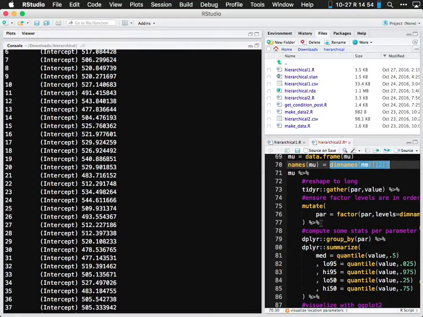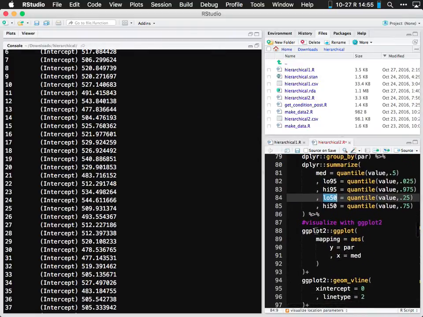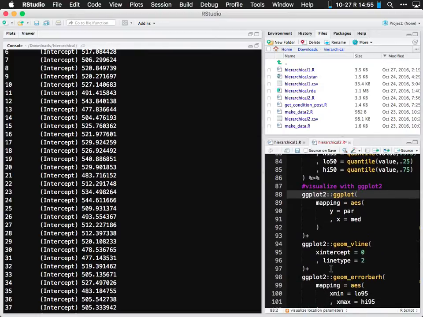It might have ordered them alphabetically otherwise, and that would visually just look weird. Then for each of those parameters, we compute the median, the 95% credible interval, and then also the 50% credible interval. And finally, we pipe it to a ggplot flow.